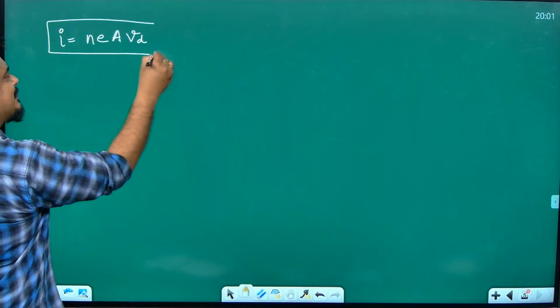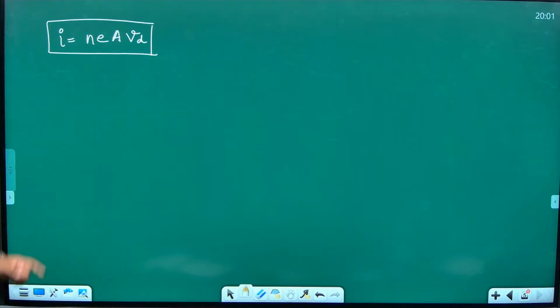What you must be careful about is what these n, e, A and Vd are. n is not the number of electrons, it is the number of electrons per unit volume. What is e? Basic elementary charge. What is A? Area of cross section. What is Vd? Drift velocity. Many will forget that n is not the number of electrons but the number of electrons per unit volume, so please be very careful about that.